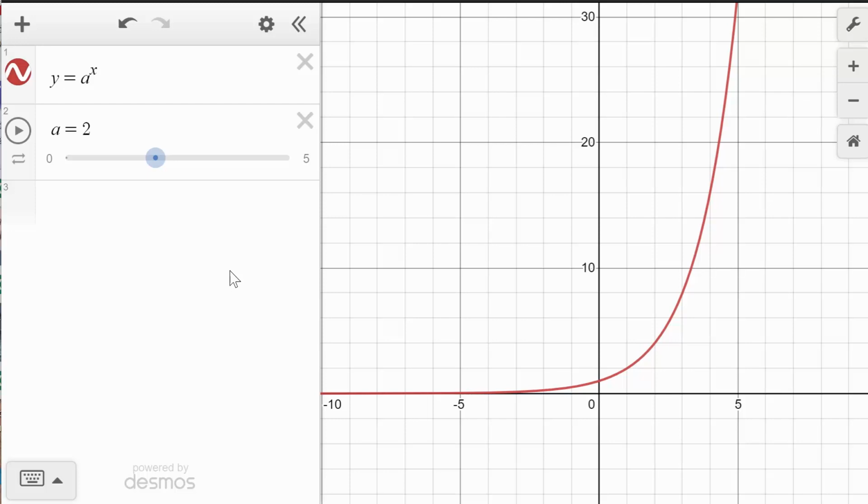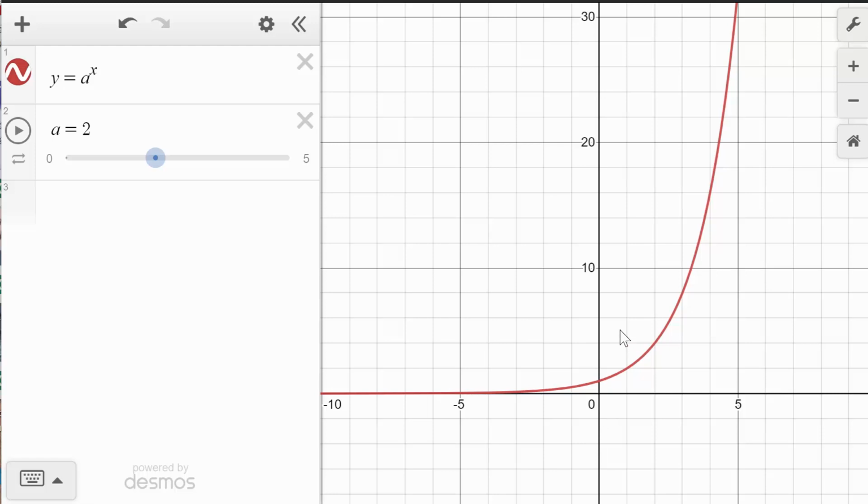So you can see here on the Desmos graphing calculator, I've set up y equals a to the x, and I have a slider for a, and currently a is at 2, and therefore the graph is of y equals 2 to the x.